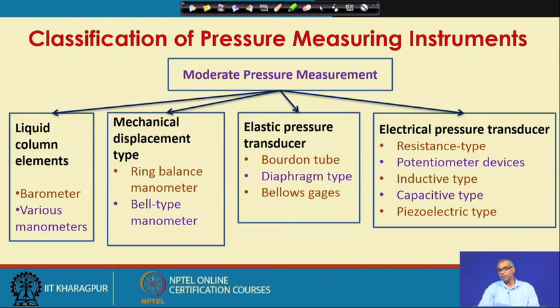Some of these electrical pressure transducers we have talked about when we discussed transducer elements. Apart from these, when you talk about ring balance manometer or bell type manometer, we will also talk about an instrument known as the dead weight tester or piston type pressure gauge, which is also used for calibration of various pressure measuring instruments.